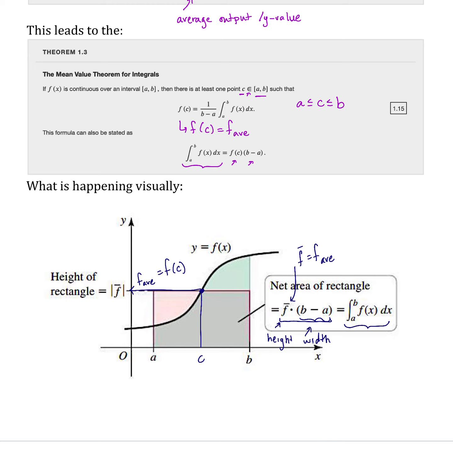What that looks like in the picture is this amount that I'm highlighting in green, that is b minus a, the base or width of our rectangle. And then how tall it is is f of c. And so that area that we make with that red rectangle is the same as the area under the curve.